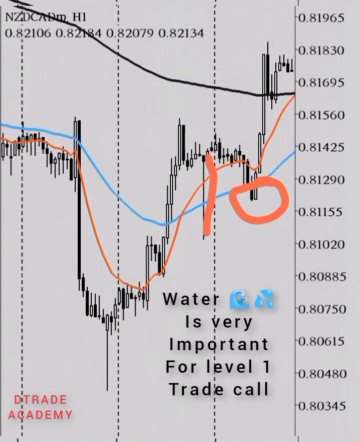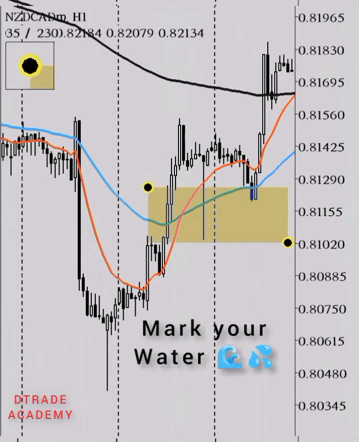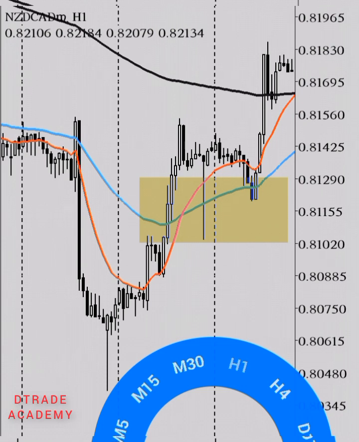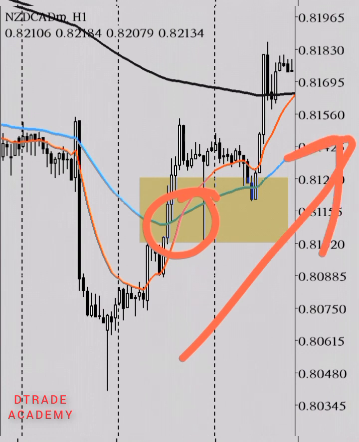You can see the candles touching the water, so I can boldly mark that zone. Since I'm analyzing on 1 hour time frame, the first thing we should know is we have a crossing facing up for a buy.